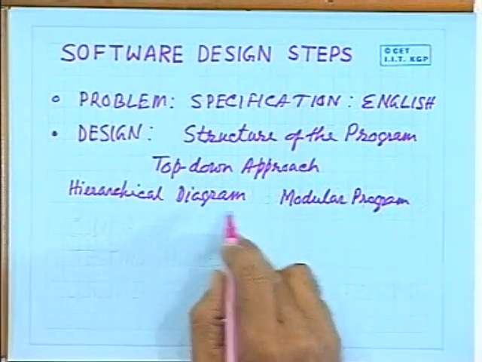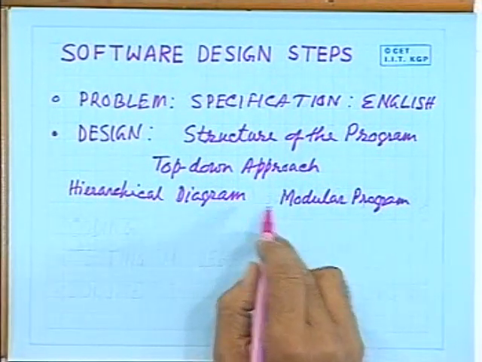Now, whenever you do this, what essentially you have done is divided a single task into a number of subtasks, and each of these subtasks you can write and debug independently, but ultimately you have to put them together.